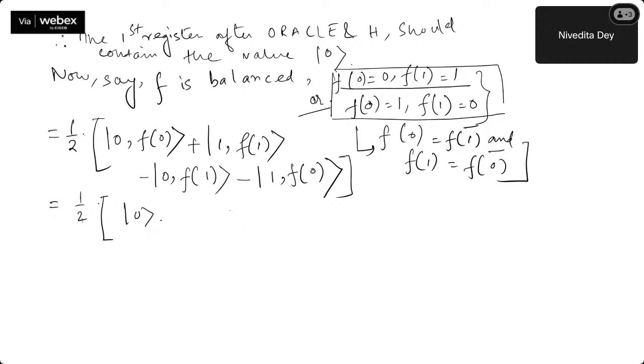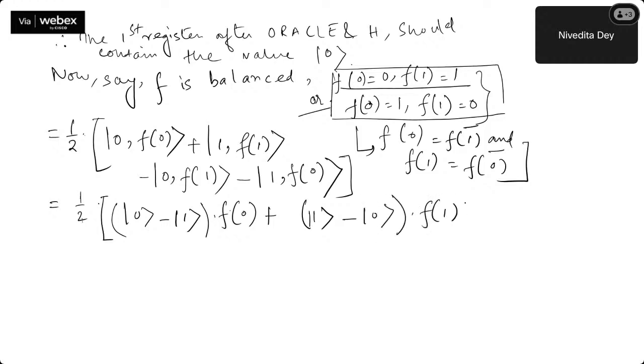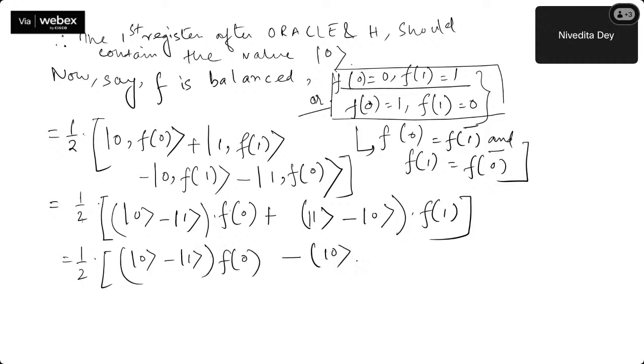It will be K0 minus K1 times F0, plus K1 minus K0 times F1. Making it minus, it will be half of K0 minus K1 times F0, minus K0 minus K1 times F1.